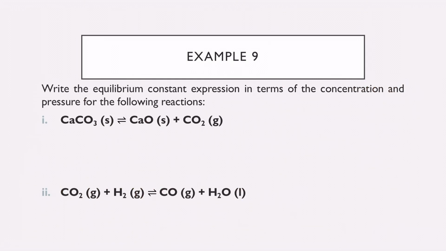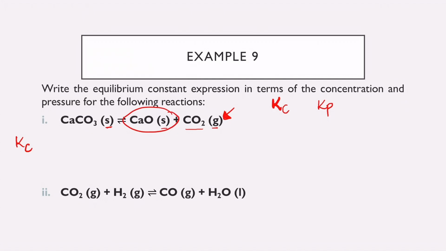This is a question for heterogeneous equilibrium. Same as before, they ask you to find the Kc and Kp. So, let's see. You have calcium carbonate, solid, which reacts to give calcium oxide, solid, and carbon dioxide in gaseous state. So, for Kc, since CO2 is gaseous, you're going to count that in your expression.